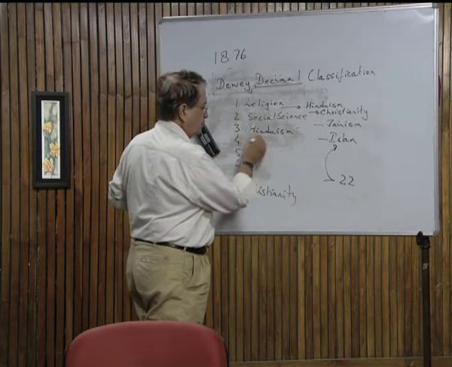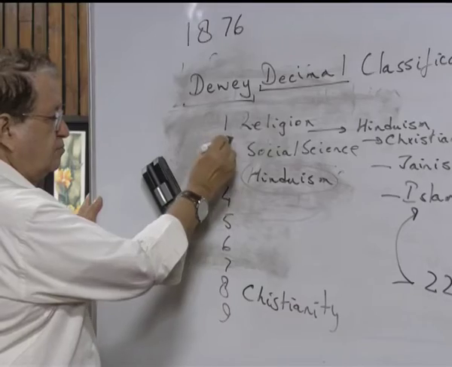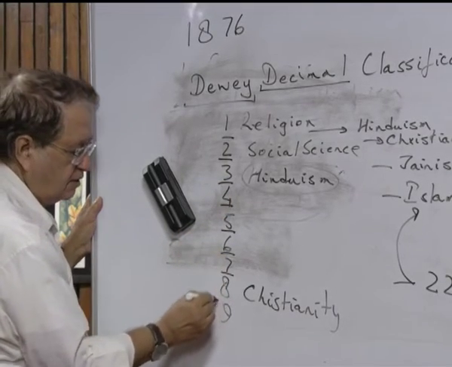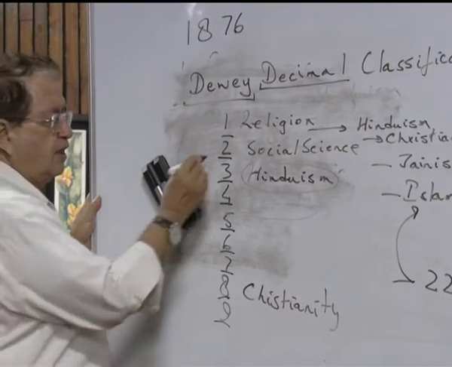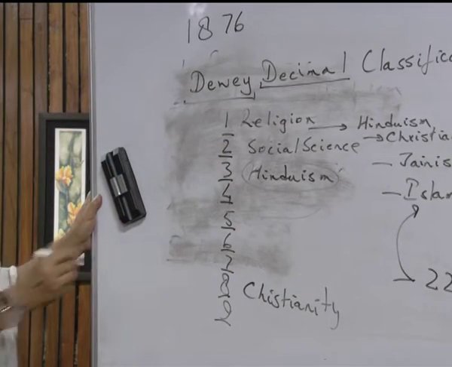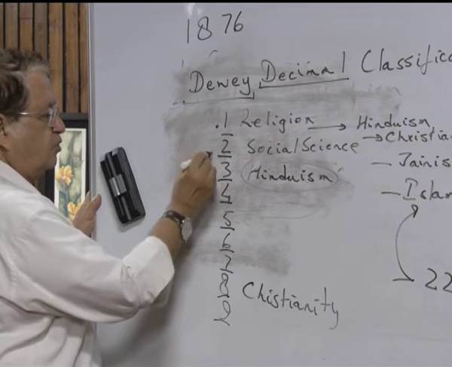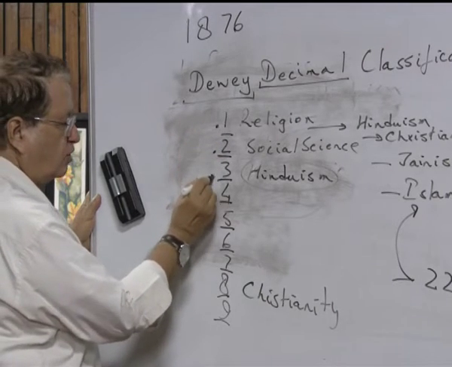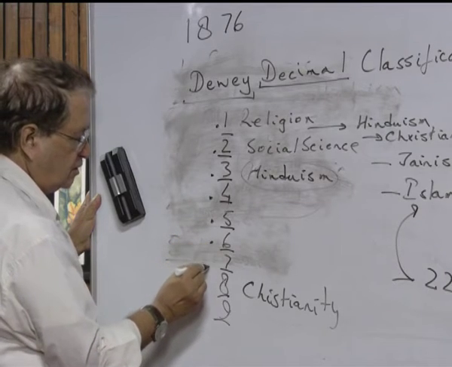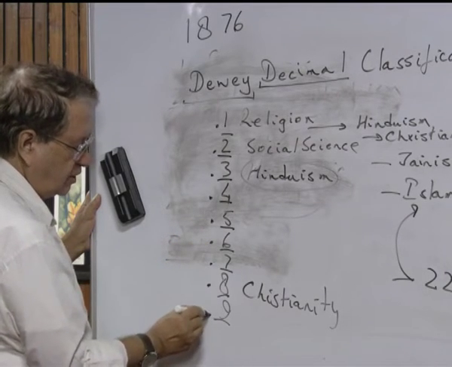Now, this means that if you are using these symbols as whole numbers, then it does not work. What Dewey thought was, let me convert these numbers into decimal numbers. So, religion became 0.1, and all of them 0.1, 0.2, 0.3, 0.4, 0.5, 0.6, 0.7, 0.8 and 0.9.